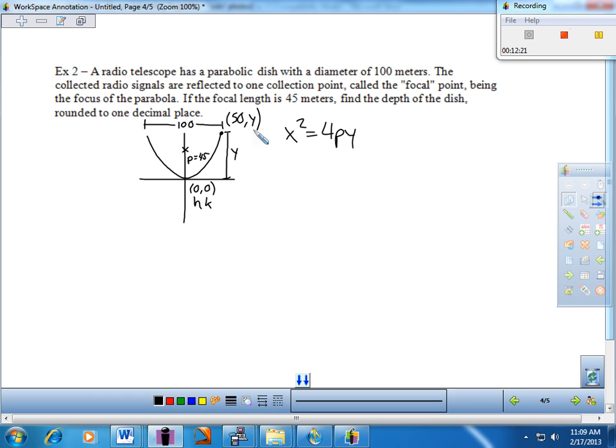All right, let's go for it. X is 50. 50 squared, 4 times 45 times the Y. Nice. I could probably pull a little of this off. We've got 2,500 here. And 4 times 45, I'm getting 180 on that. Looks good.